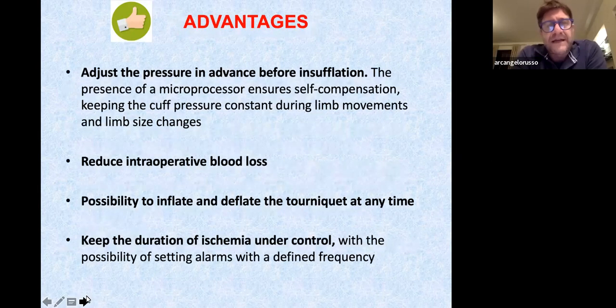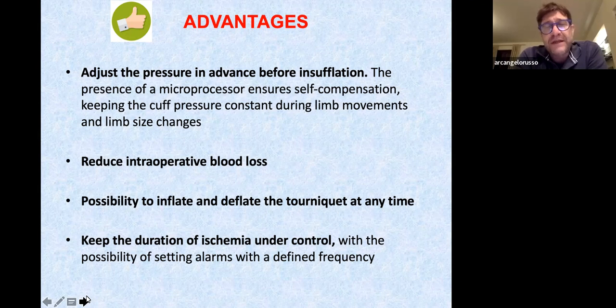Advantages of this kind of solution. The pressure is set just in advance, before insufflation. There is self-compensation, keeping the cuff pressure constant during limb movement and for limb size changes.